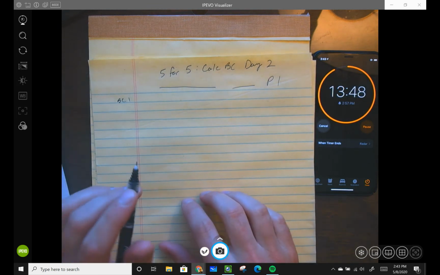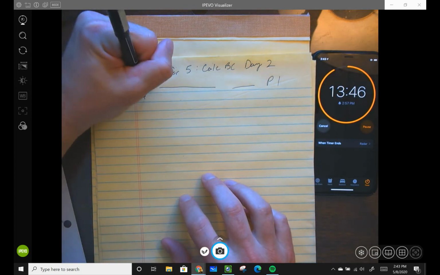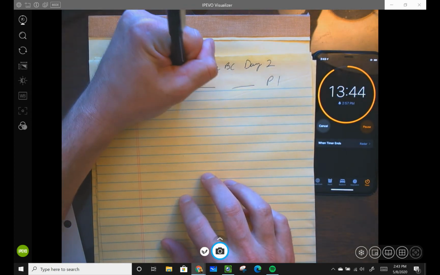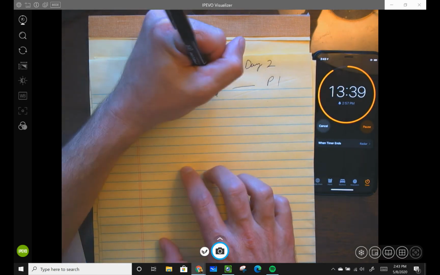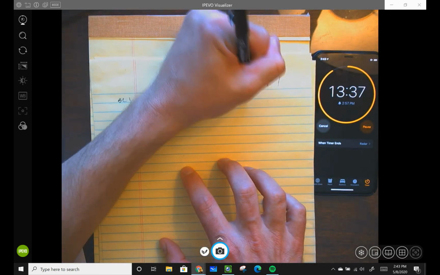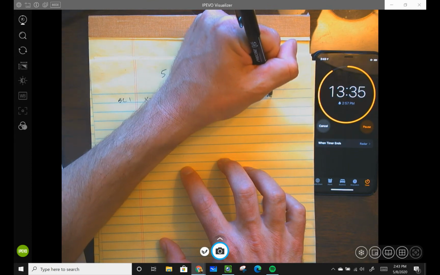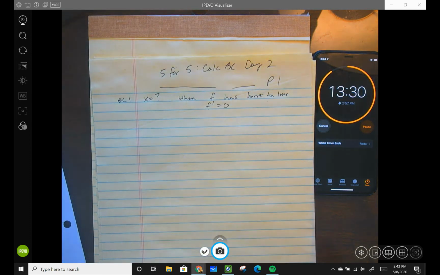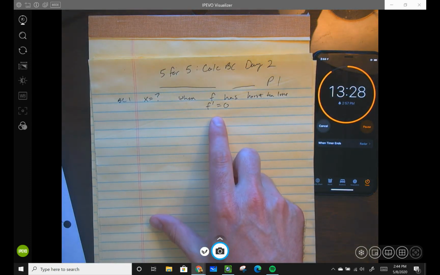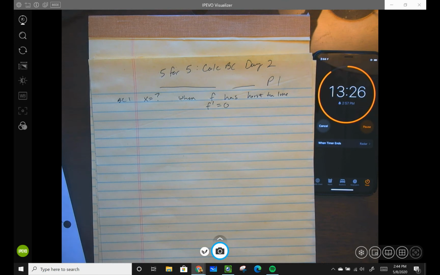BC1, find all values of x in the open interval for which f has a horizontal tangent line. That's when f prime equals 0 because it's twice differentiable, so it's not going to be undefined. And plus, it's a tangent line. Determine whether f has a relative minimum or maximum or neither.